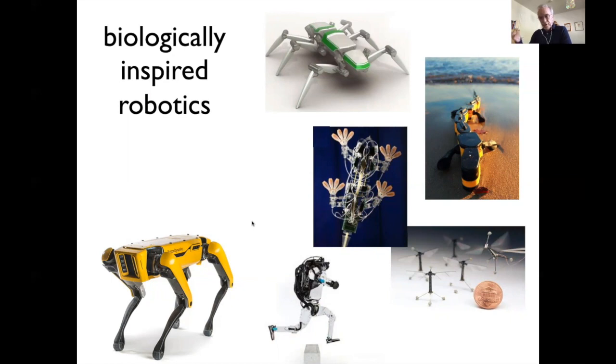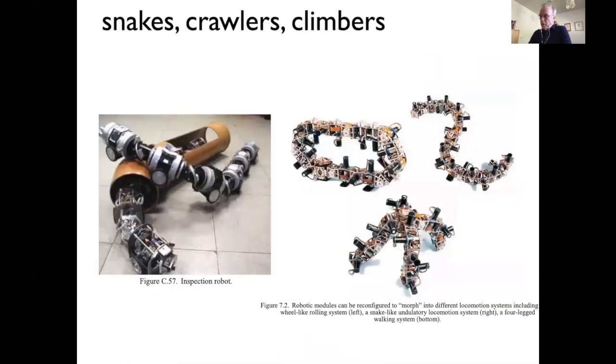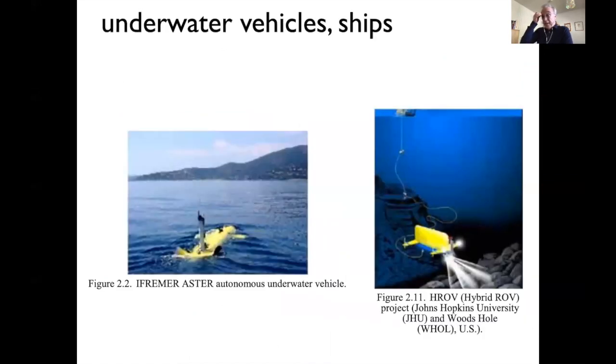And they have this advantage of being more flexible with respect to the surface that they walk on. And biological systems, as you know, have not developed wheels. Also, somewhat biologically analogous are some special purpose kind of robots that crawl or can climb or snake-like and so on for special purposes. And then underwater vehicles are commonly looked at as autonomous systems, so inspired by fish, if you wish.